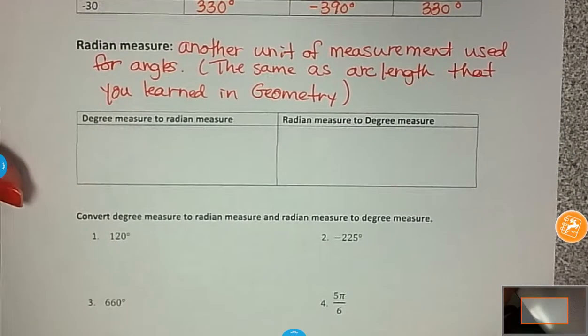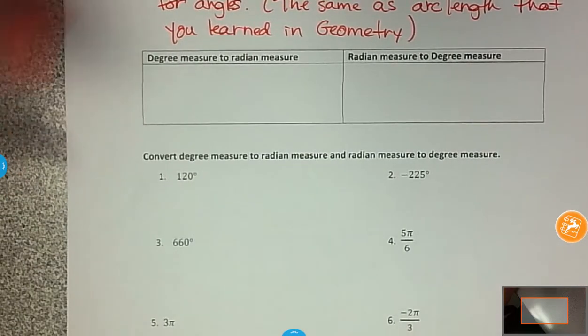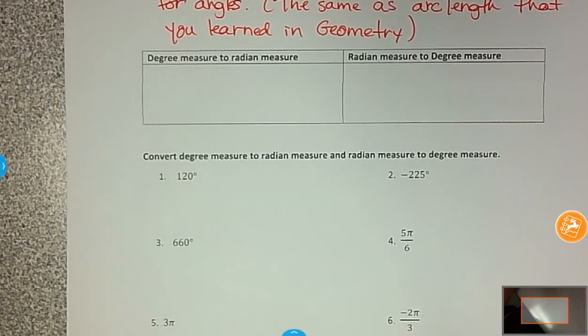what you are going to do is use a kind of an altered version of the formula you did in geometry. In geometry, your formula had to do with the diameter and then the angle measure and using the circumference formula.